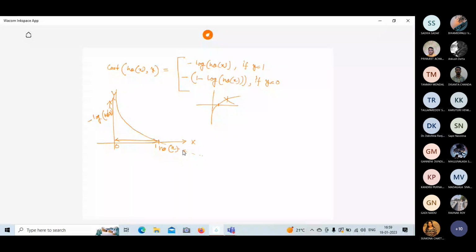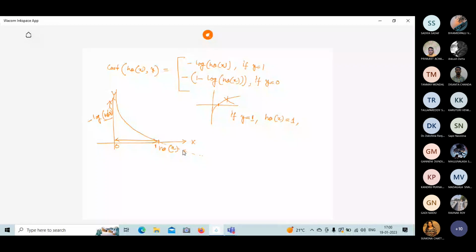Now if y equals to 1 and let's say h theta x equals to 1, then what will be the cost function? We get h theta x into this logarithmic function, minus log of h theta x.